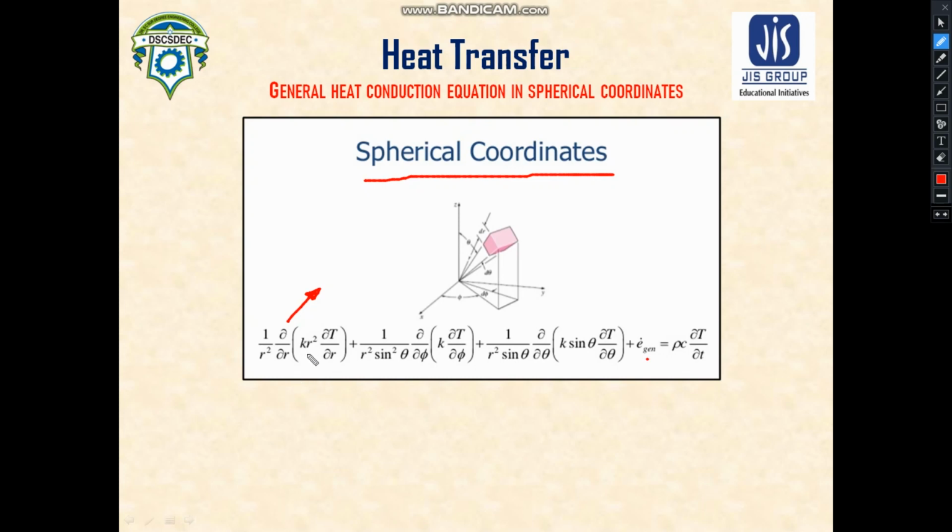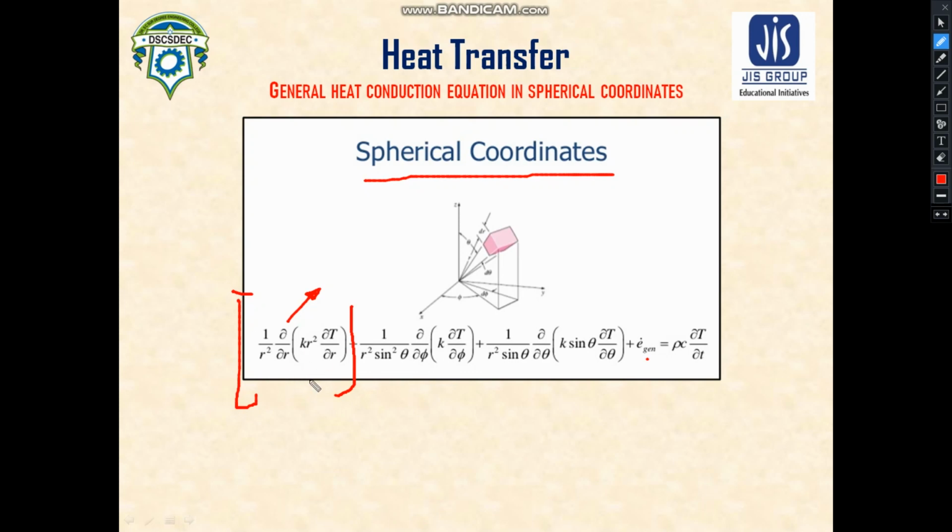Now here you can see this k hasn't been divided from this. Okay, so if we divide by this term k, then we can get the same form where it would be 1 by alpha, that means the reciprocal of thermal diffusivity. So I hope that you have understood. Again, I would like to inform you that you must remember this term because we will be dealing with mostly one-dimensional heat transfer cases.